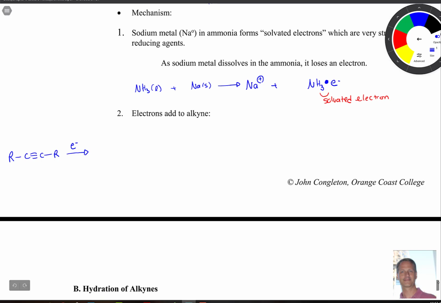Now, single electrons, remember, are going to use this little fishhook arrow. So what's going to happen here is that the single electron is going to come over and grab a hold of one of these carbon atoms. As we do that, we can't leave the atom as it is, because then it would have 9 electrons around it. It already has 8. So then a set of electrons now is going to come over and live on carbon.